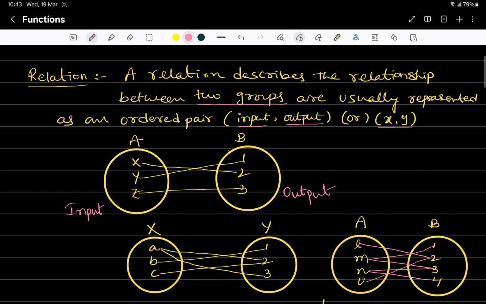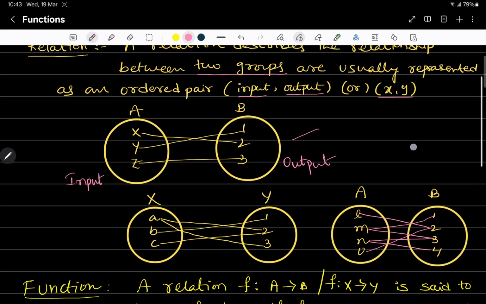Now the relation between these two groups: x has a relation with number 2, y has a relation with number 1, and similarly z has a relation with number 3. So this is one type of relation. See another example.